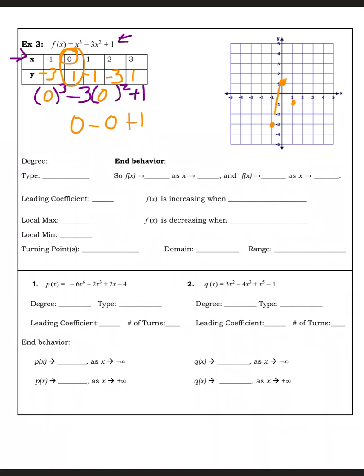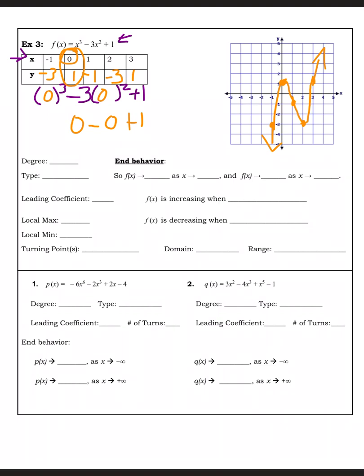So it looks like our graph is going to do one of these things. We've already found one of our first turning points. 2, -3, so it goes back down here. And then 3, 1, so it's going to go back up. So there's another turning point. And the graph is going to end up looking like this if we were to extend our graph.